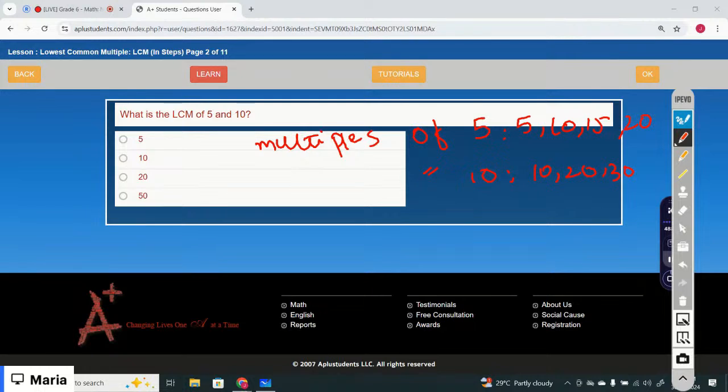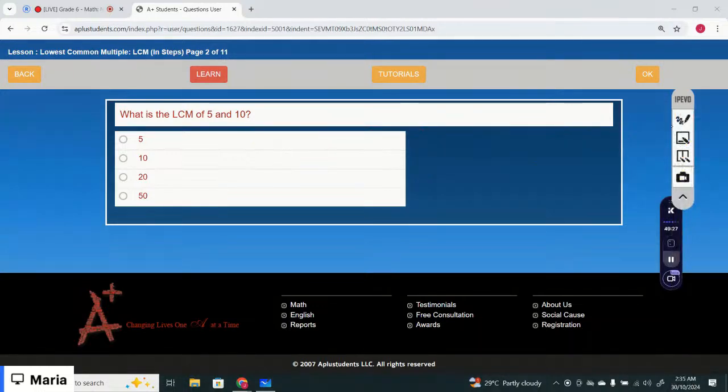So the least common multiple is 10. The correct option is 10. Option 2 is the correct option.